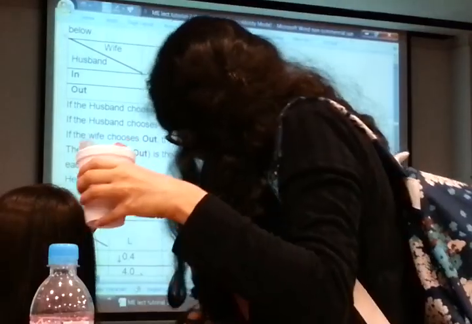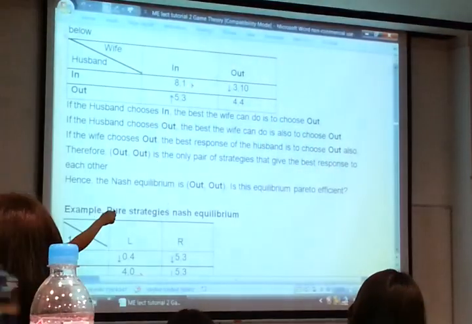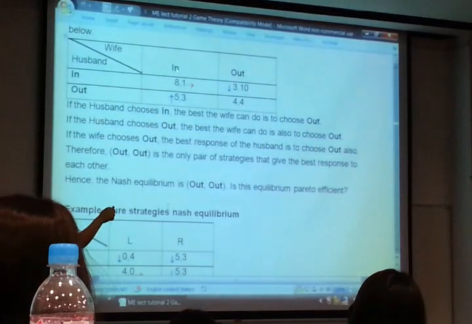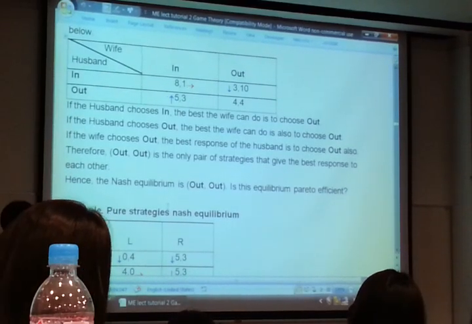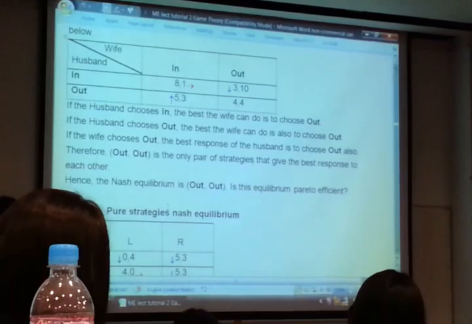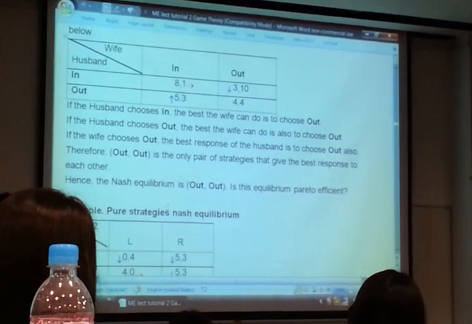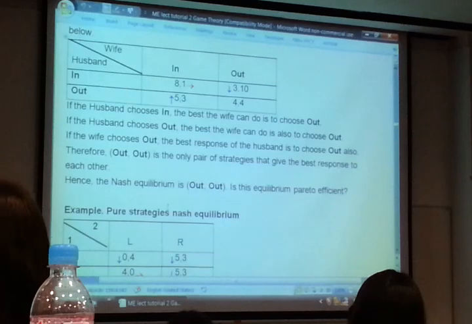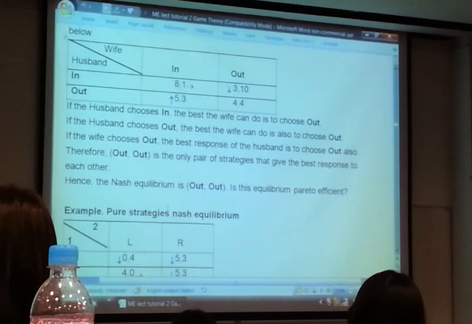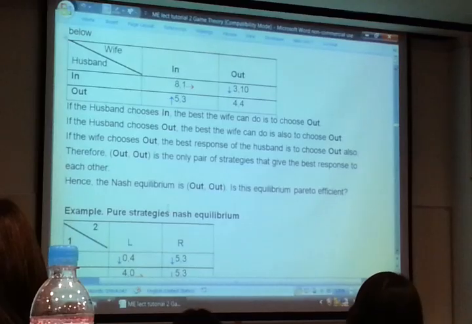The column player wants to change strategy from here to here, so his payoff can rise from 1 to 10. Column player wants to move right, out. So if any player wants to change strategy, it cannot be equilibrium. Because equilibrium in English means final outcome. So in order for this to be the final outcome, both will not want to change strategy.